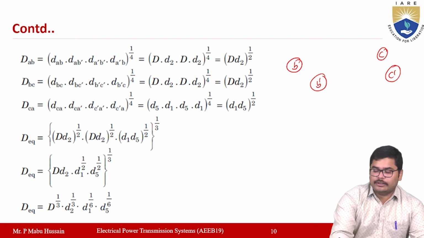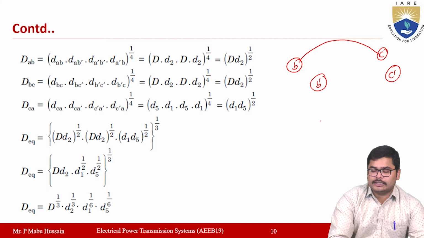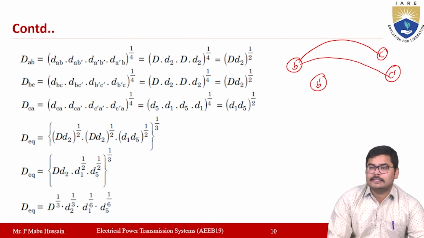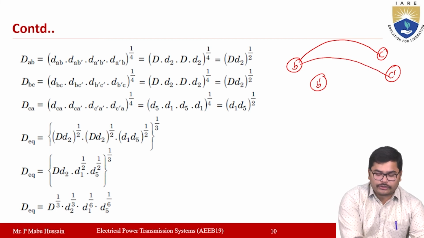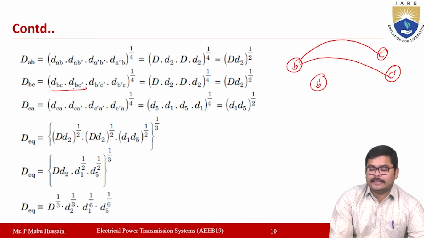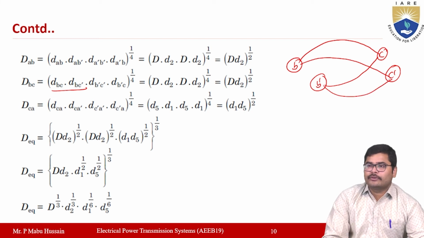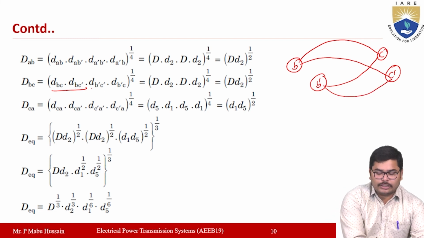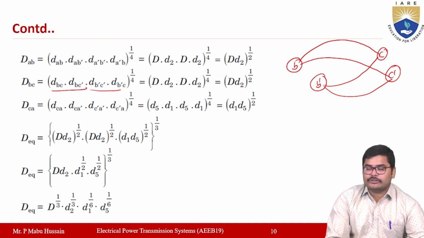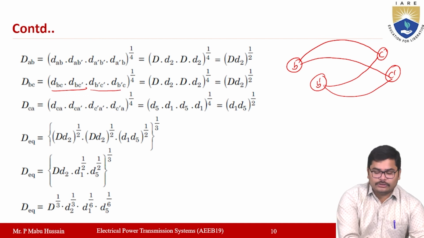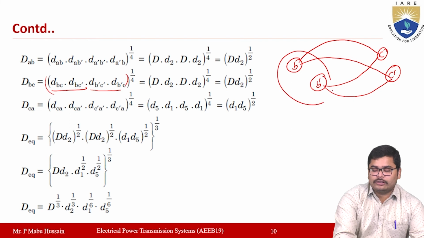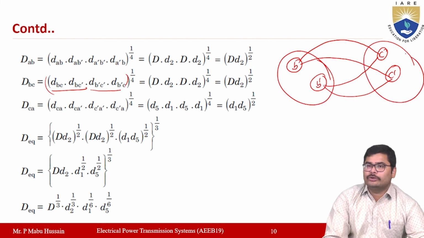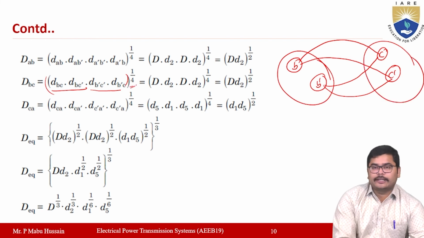B to C is one mutual distance, B to C dash is another mutual distance. That product you have to consider: DBC, DBC dash. Now B dash to C and B dash to C dash are other mutual distances, so that product also you have to consider. Whole to the power of, here also 2 are there, so 1 by 2 into 2, 1 by 4 you will get here again.